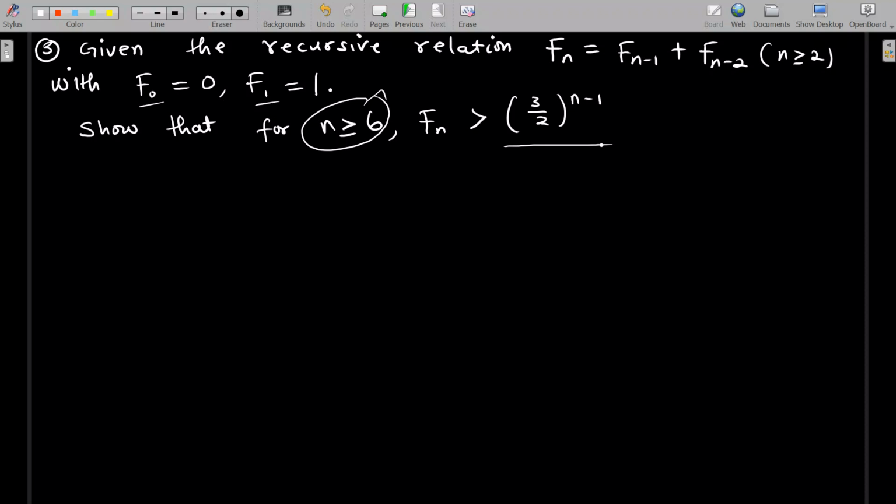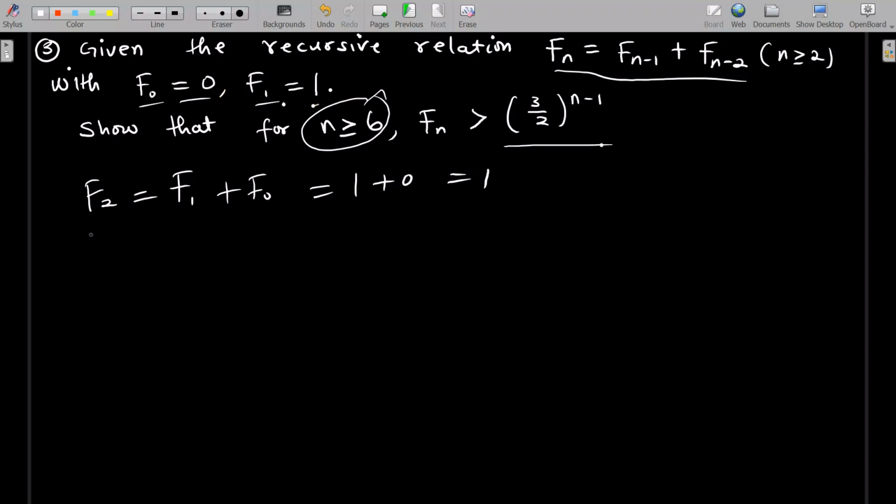Now notice that using this formula, we know f sub 0, f sub 1. Then it means f sub 2 will be equal to f sub 2 minus 1, which is 1, plus f sub 2 minus 0, which is 0. And that's going to be 1 plus 0, and that is 1, because I have this guy to be 0, I have this guy to be 1.